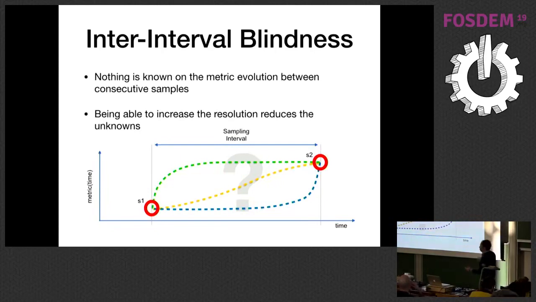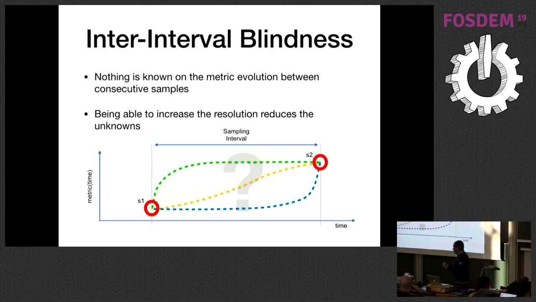Let's take this chart, for example. We have a metric and its evolution in time, and we have two samples, S1 and S2. Between S1 and S2, nothing is known. Nothing can be said. We don't have an idea of the behavior of the metric between S1 and S2. So it could have followed the green path, the yellow, or the blue path. But in practice, we don't know. We have only S1 and S2.